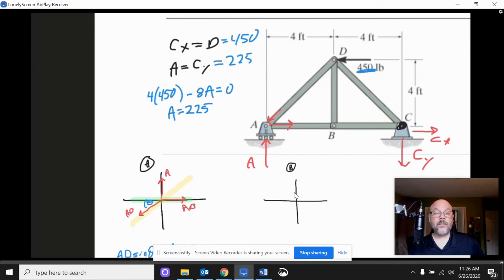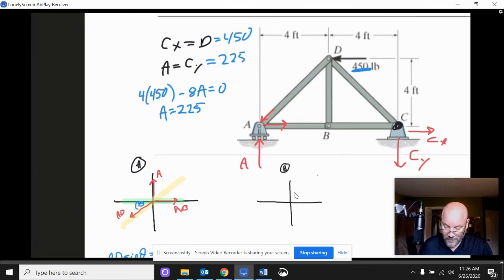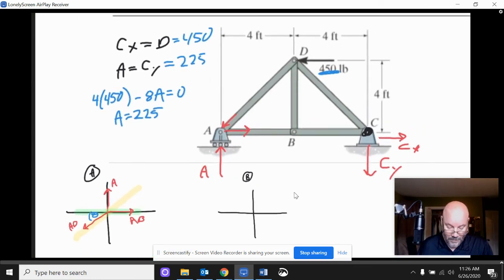These things can get really messy if you haven't already figured it out. So let's move over to B. AB itself, the beam, has to be in equilibrium. And so that means over at the other end, we'd draw AB in that way.